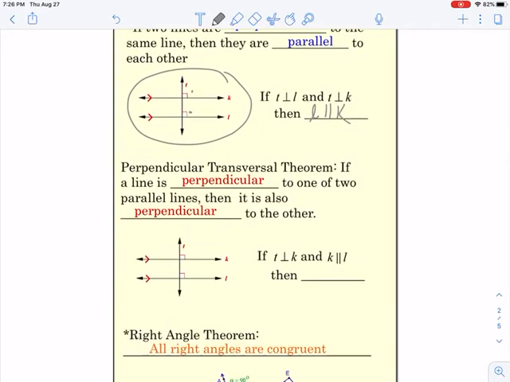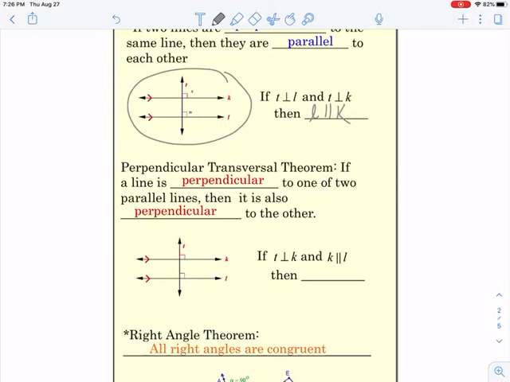Perpendicular transversal theorem: if a line is perpendicular to one of two parallel lines, then it is also perpendicular to the other. So what that means, again, if we look at that same picture, I just copied and pasted it and brought it down.